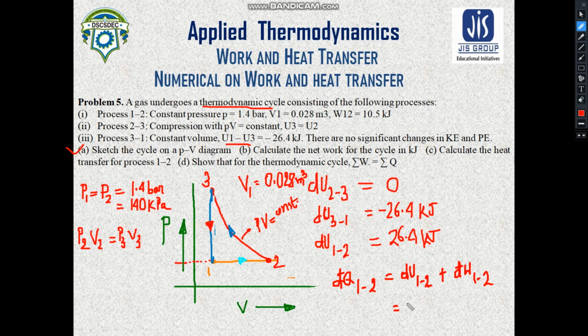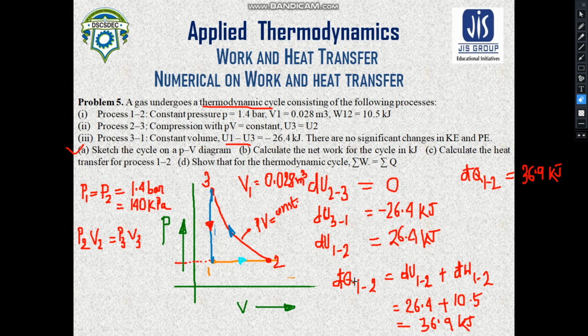So du 1 to 2 is 26.4 kilojoules, and the work transfer is given as 10.5 kilojoule. So we can add it up and we'll find it will be 36.9 kilojoule. So let us take this information and write it down here. So dq 1 to 2 is equal to 36.9 kilojoule. Okay, and dw is already given to you.